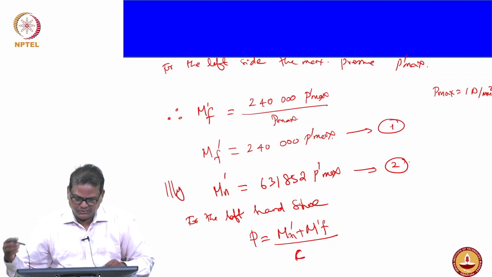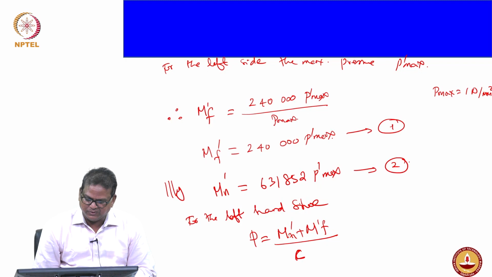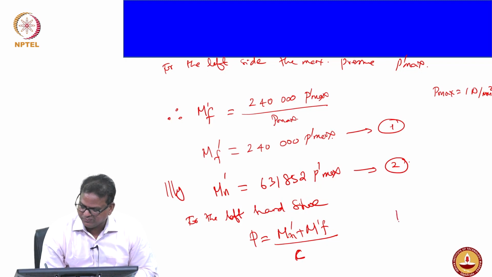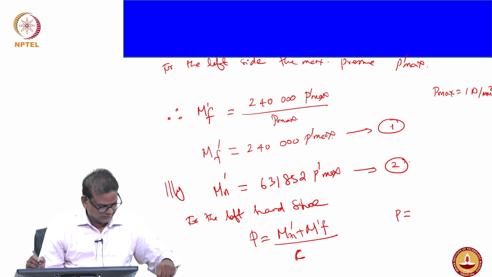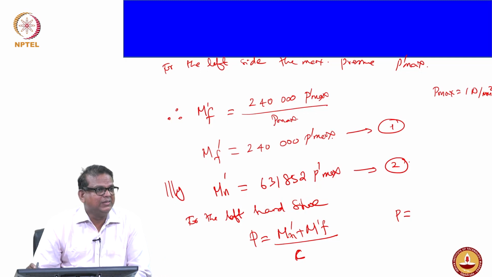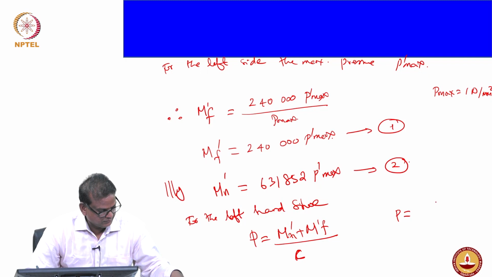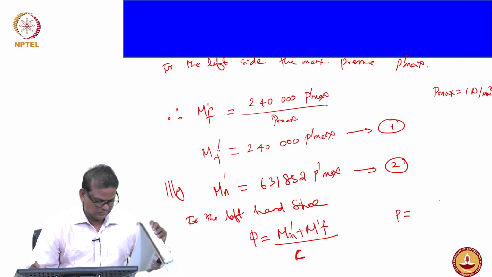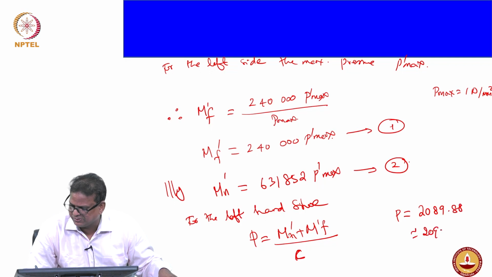But already I know that. What do I know? I know the P value. What is the P value we got earlier? It is 2089.88, approximately we can make it 2090 Newton.